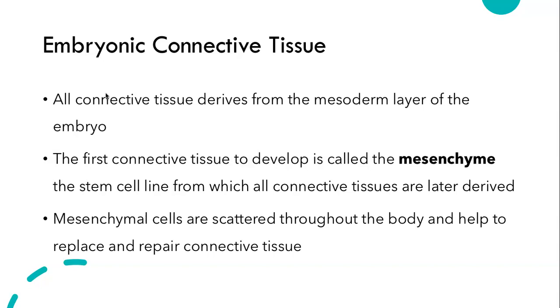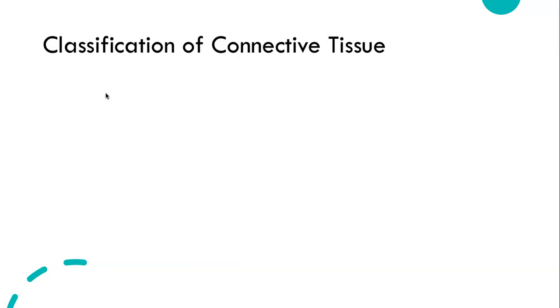Mesenchymal cells are scattered throughout the body, and they're multipotent, which means that they can form into all types of connective tissue cells. Instead of all types of cells, which would be totipotent, they can form into all types of connective tissue cells. So they'll help to replace and repair connective tissue.